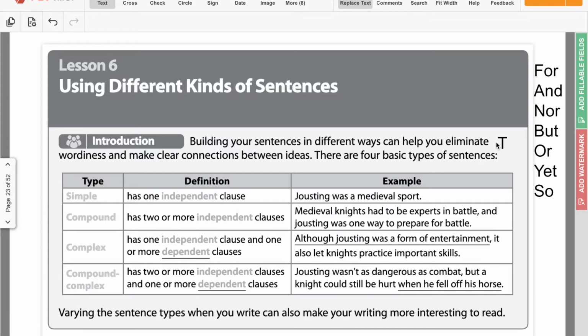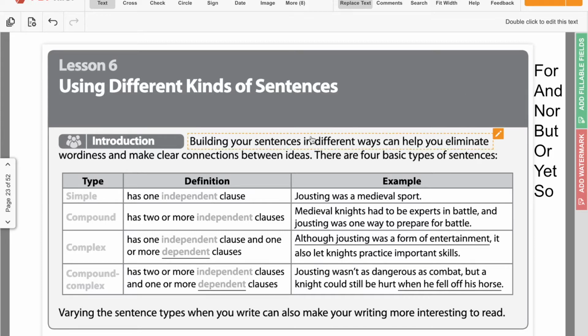Now, a complex sentence has 1 independent clause and 1 or more dependent clauses. Now, what is a dependent clause? A dependent clause doesn't make sense on its own, right? It has a subject and a predicate, just like an independent clause does, but it doesn't make sense on its own. Usually it's going to start with a word like because, although, after, things like that.